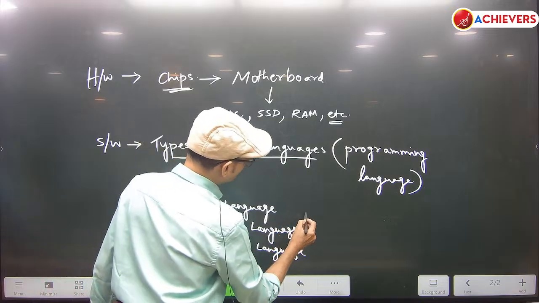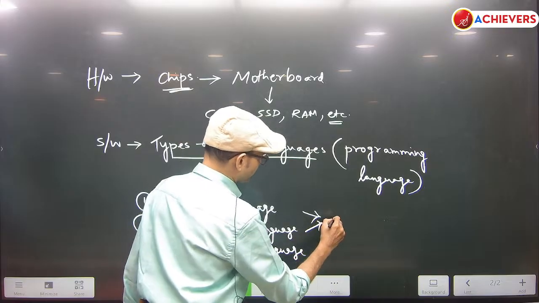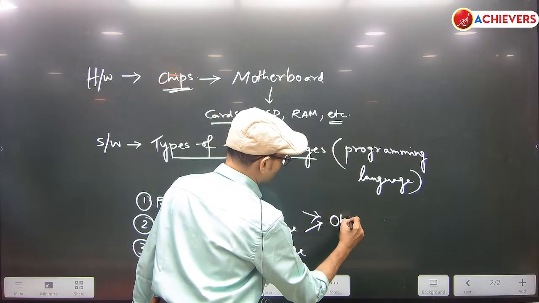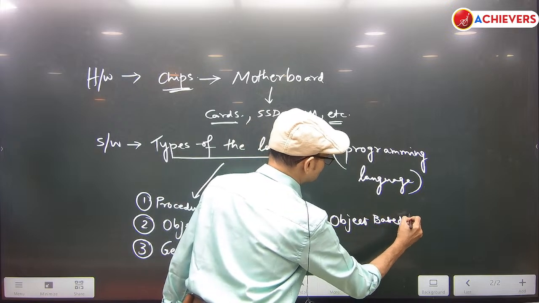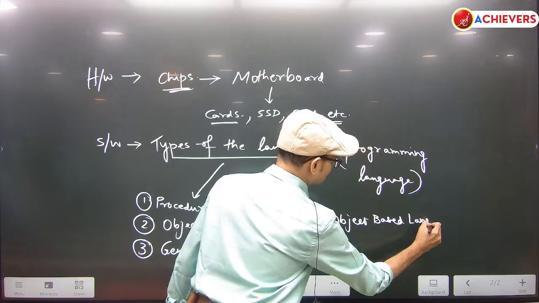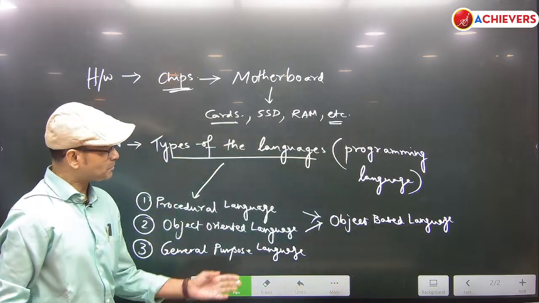In the middle, we can have combinations, object based language. What do we mean by object based language?